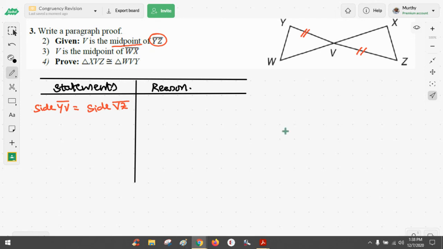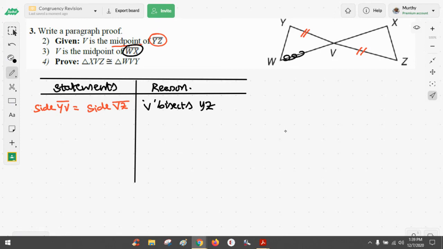How do you know? Means V divides. Instead of divides, let me use the correct word. V bisects. Point V bisects. Bisect means making the given side into two equal halves. So V bisects YZ. And also V is the midpoint of WX.